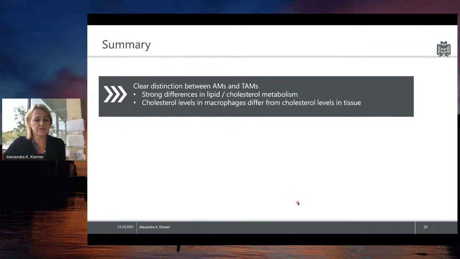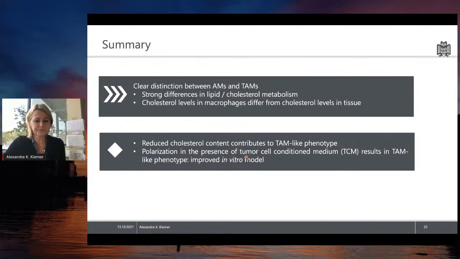So to summarize this part of my talk, we could clearly show strong differences in these ex vivo primary macrophages, and the most surprising, most distinct differences were in the lipid cholesterol metabolism. We could show that the cholesterol levels in macrophages are really the opposite of the cholesterol levels in the tissue.